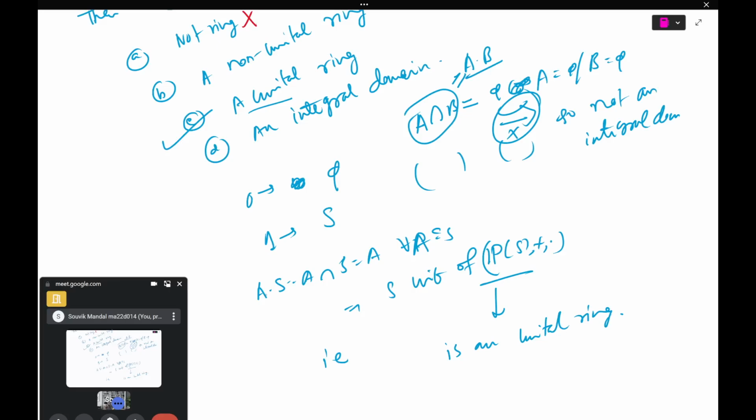Now A dot A is equal to A for all A, so that is the definition of P(S) plus dot.